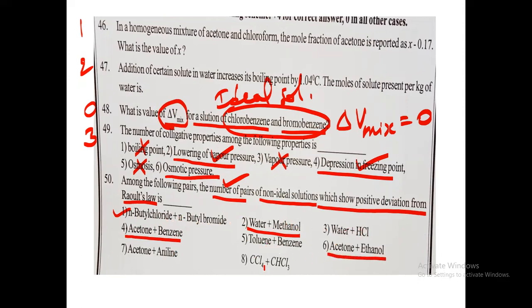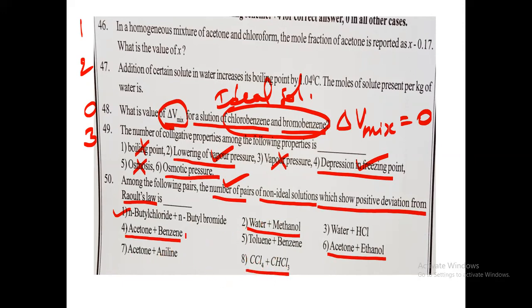Acetone plus ethanol, again positive deviation. Water plus methanol and acetone plus methanol. Next, acetone plus aniline, negative deviation. Then CCl4 plus CHCl3, carbon tetrachloride plus chloroform, is also positive deviation.